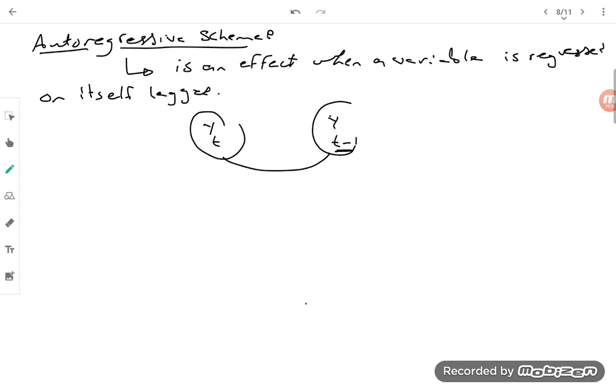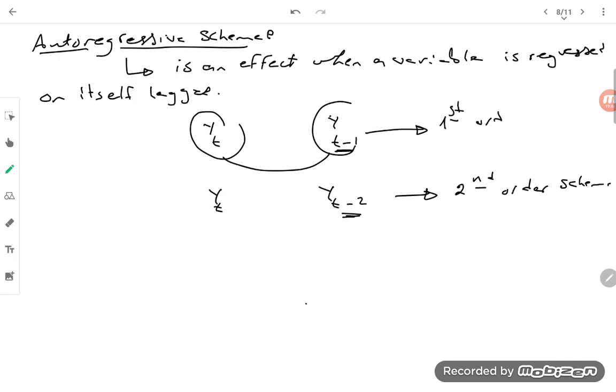The length of the lag will decide the order of the autoregression. So if you regress the variable on its second order lag, y t minus 2, this will be a second order scheme. This is first order, and so on.